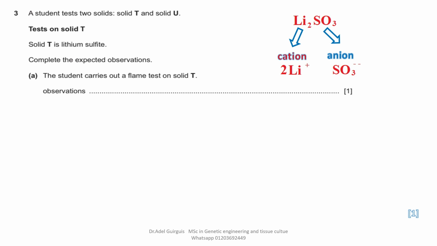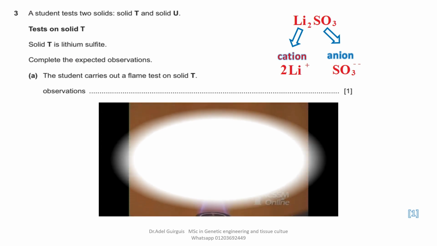Now in this question we are asked to make observations on certain experiments to detect the presence of lithium and sulfite. For lithium we use the flame test, used to detect cations, metals like copper Cu2+, Fe2+, Fe3+, and so on, aluminium, sodium. Here for lithium, if the salt contains lithium, what's the color of the flame? Look at the experiment.